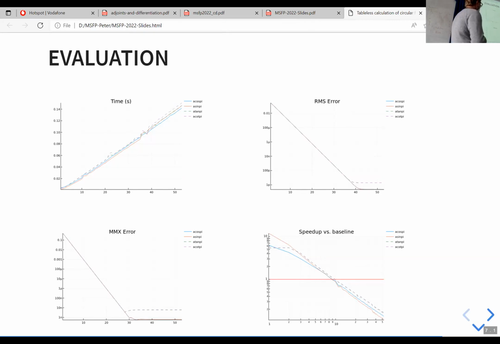And the important feature is actually this one, because it shows the speed up obtained by using this implementation instead of the baseline. So there is, of course, yeah, at some points it becomes less performant, but there is still a quite large domain of values of precisions for which this implementation is more useful.